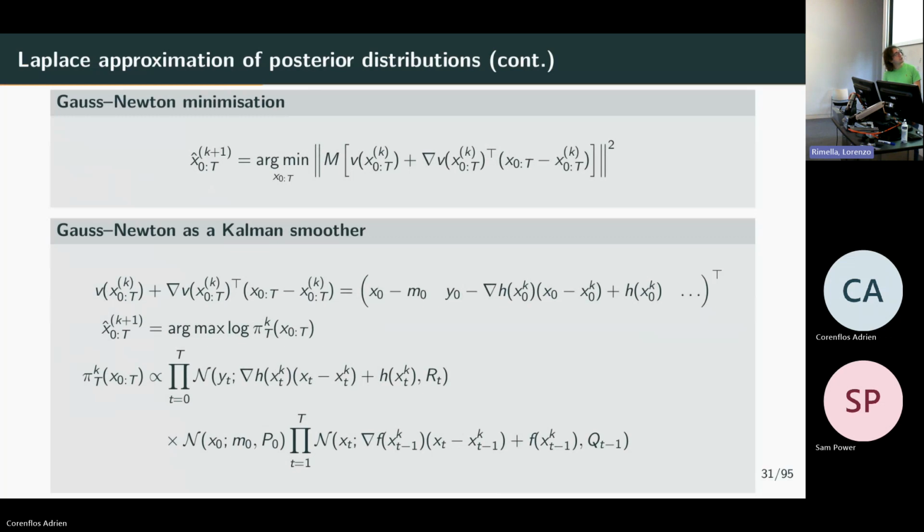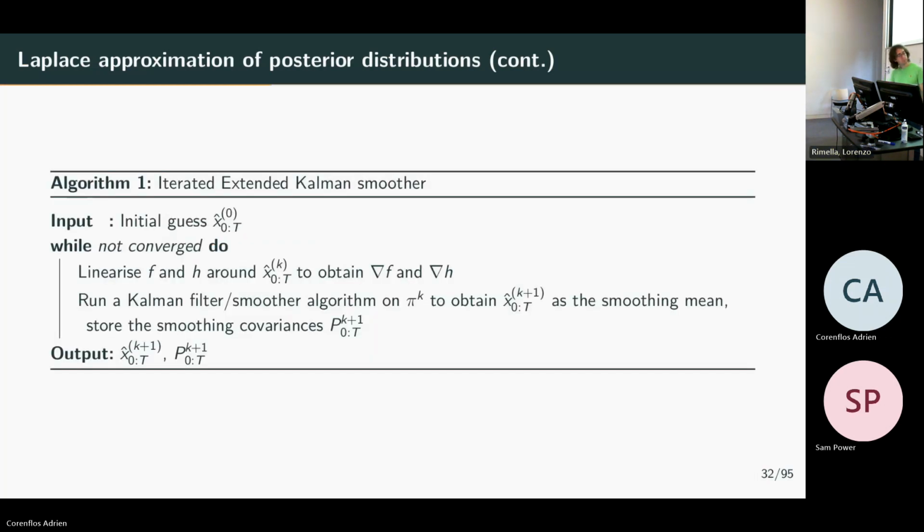And so this gives you an algorithm, which essentially says, I am going to compute the smoothing distribution of my linear Gaussian approximation. So I linearize the state space model around the trajectory, I compute the smoothing mean of that specific linear state space model, and I do that again. That's basically it.